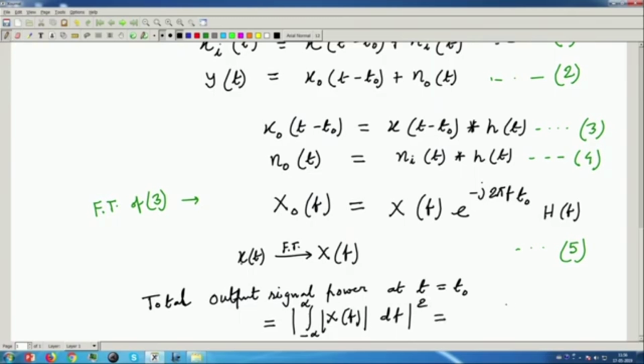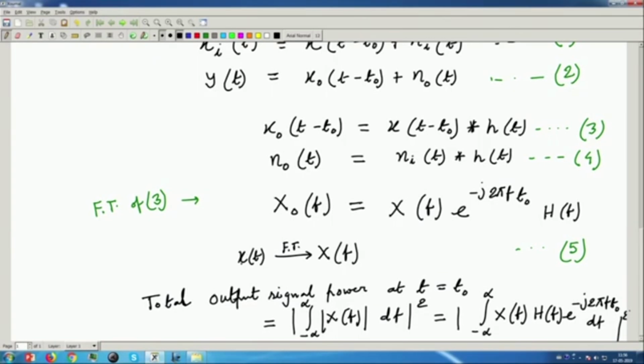So, if I put in what I got from equation 5, then this is the integral of X(f) H(f) e to the power minus j 2 pi f t_0 df, then the whole thing squared.